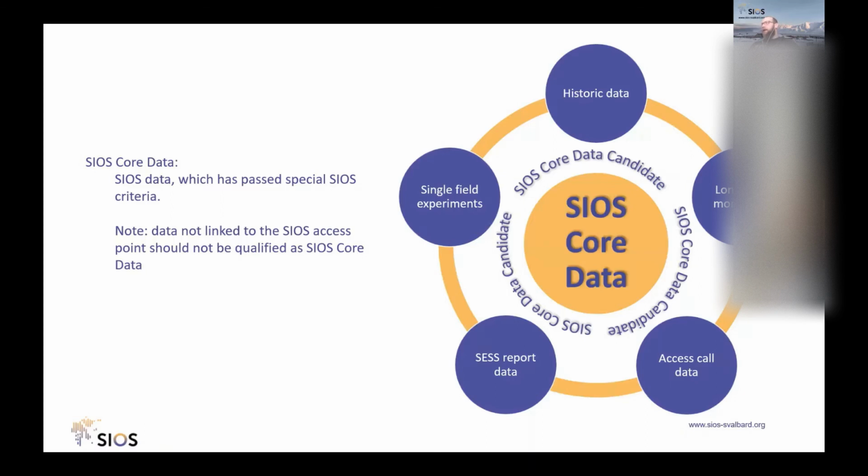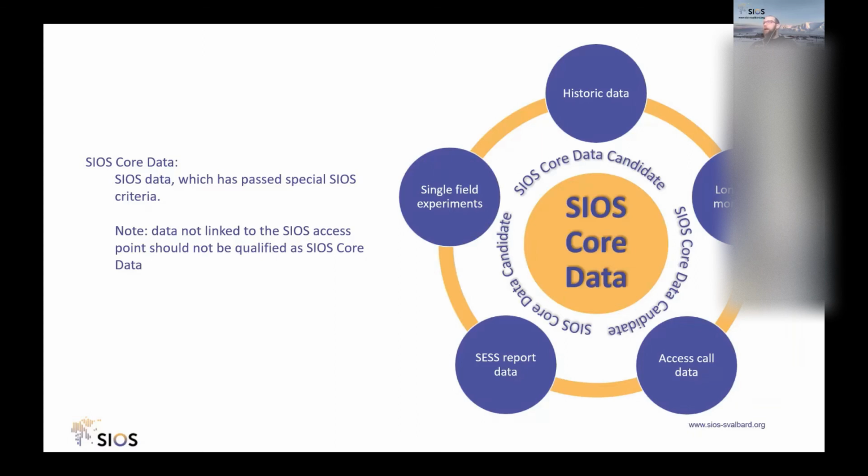The data sets that are in the preparatory phase, the data that have been collected but not yet made available, we call the SIOS core data candidates, and we are supporting preparing this data in the FAIR format and making it visible and accessible for the community.